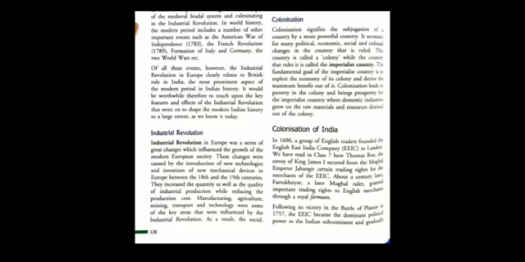Students, here is one important question I would like to ask you. How did Britain, several thousand miles away and with a much smaller population, come to dominate an entire subcontinent?